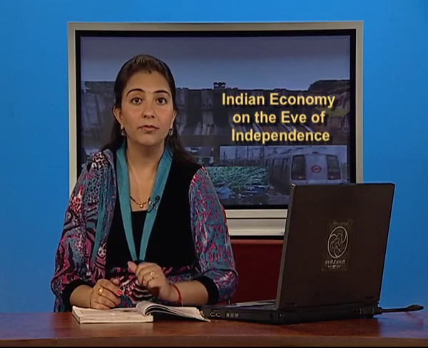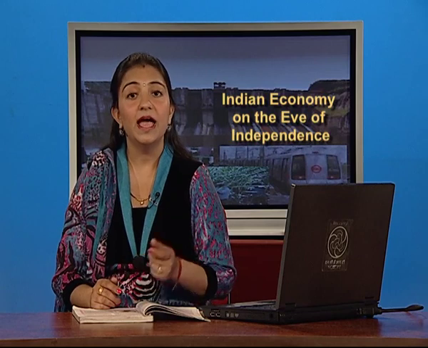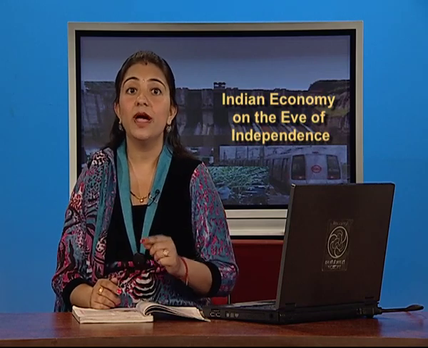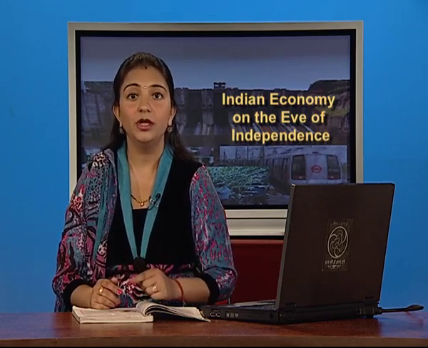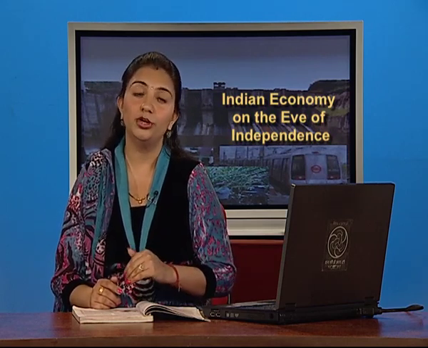I hope you remember that India was falling short of capital goods industries, and this was the reason why capital goods like light machinery that were being produced in Britain were now being imported into India.